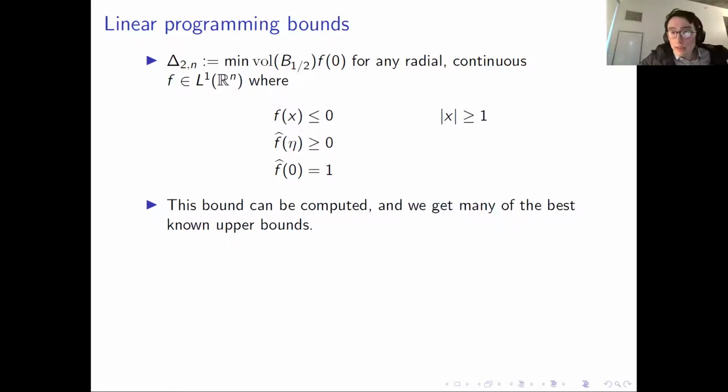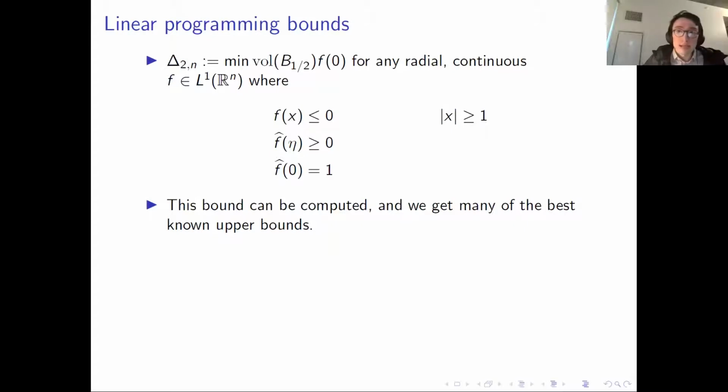Well, one way you can do this is by reducing it to a finite dimensional problem. Say we span our space of functions by polynomials times a Gaussian, polynomials of bounded degree. Now, the Fourier transform will also be a polynomial times a Gaussian.